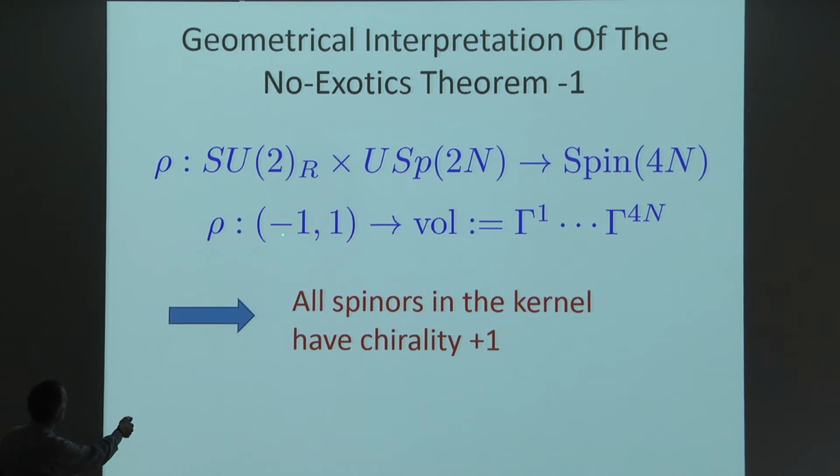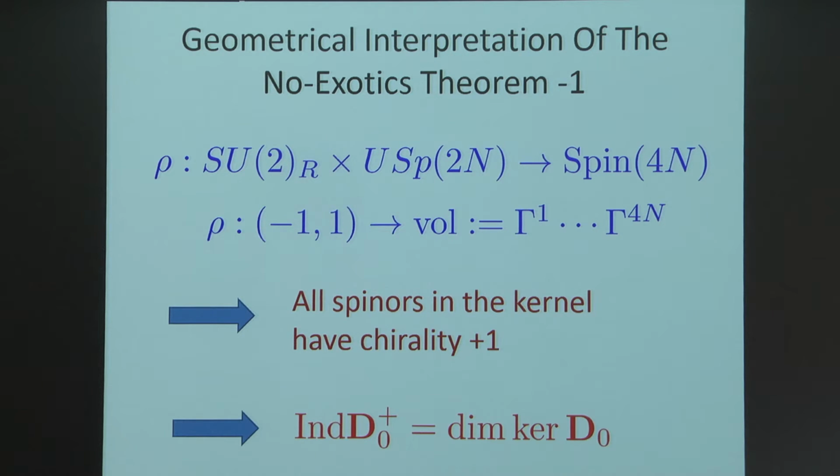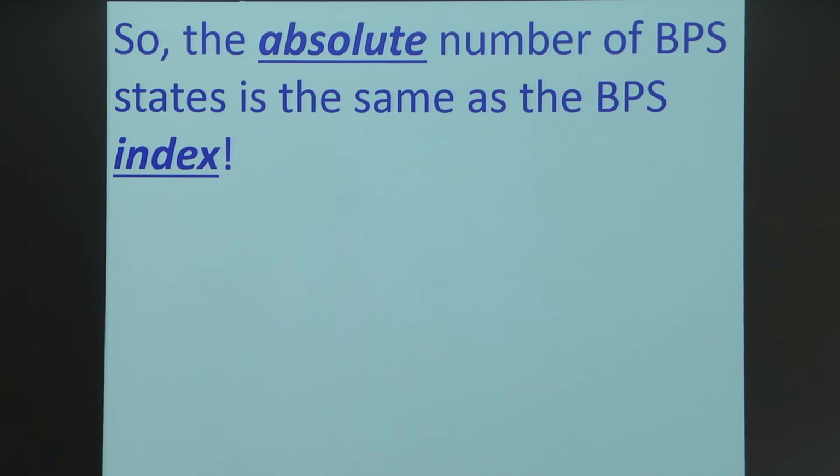And this has to act as 1, so that means all the spinors in the kernel have chirality +1, which means that the index of the Dirac operator is the absolute number of BPS states. Okay, so the absolute number of BPS states is the same as the index.